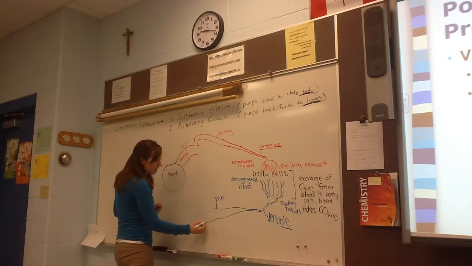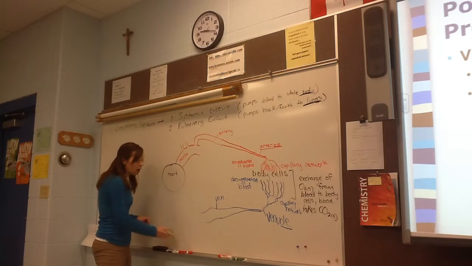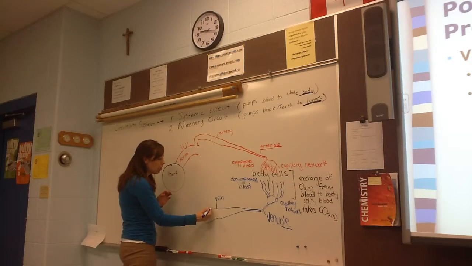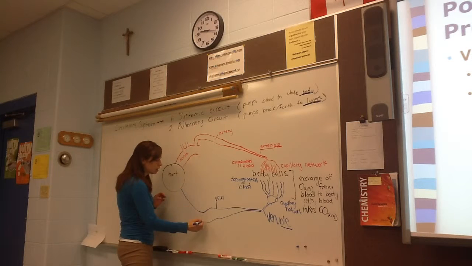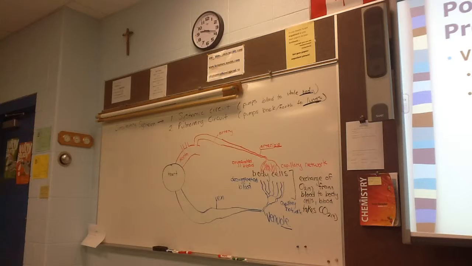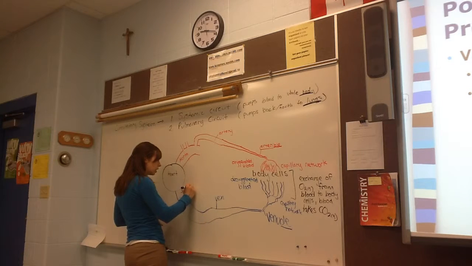Now, veins go toward the heart. Now, not all veins are deoxygenated, which I will explain next. But there's a very special vein that goes back to the heart that came from the body. Very special. It is called the vena cava.